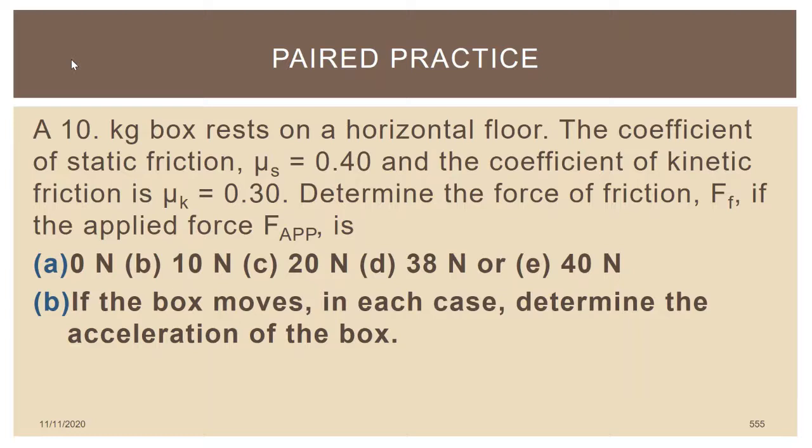The coefficient of static friction, mu s, is 0.40, and the coefficient of kinetic friction, mu k, is 0.30. It says determine the force of friction if the applied force, F applied, is 0 newtons, 10 newtons, 20 newtons, 38 newtons, or 40 newtons.